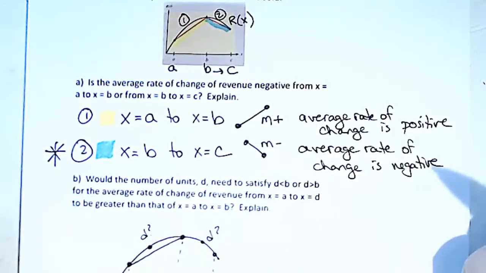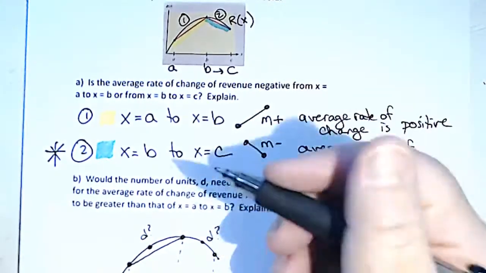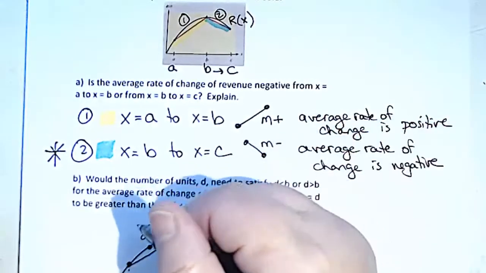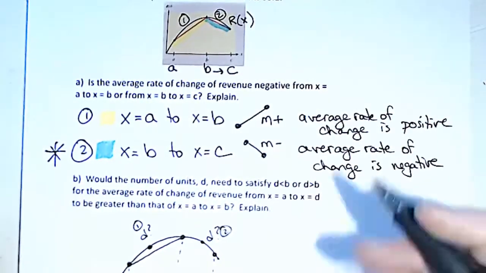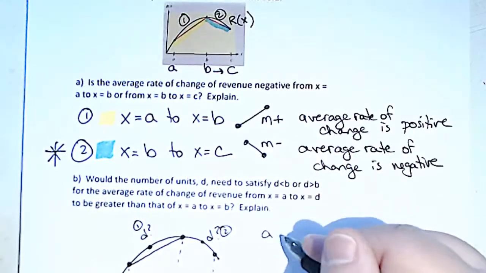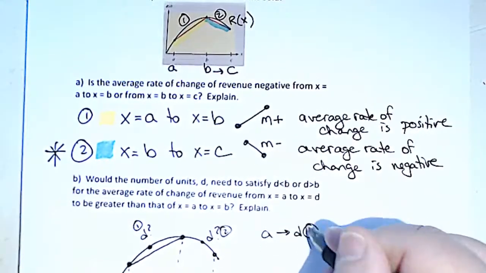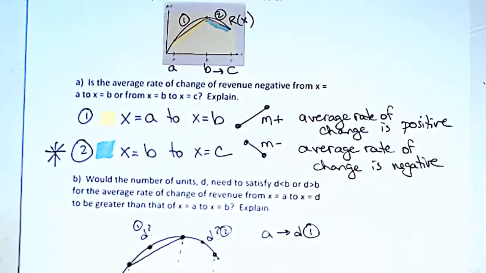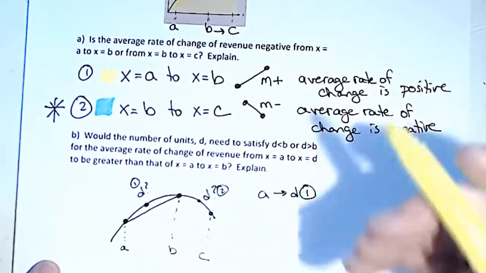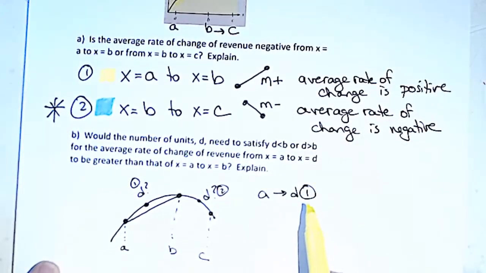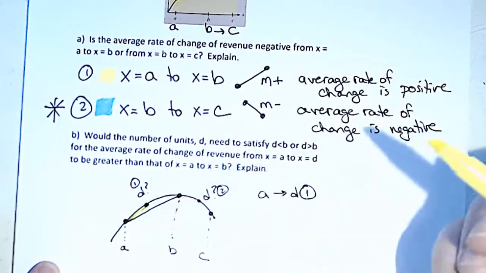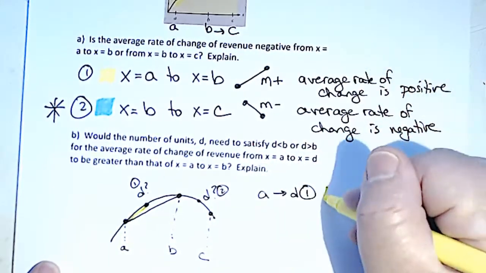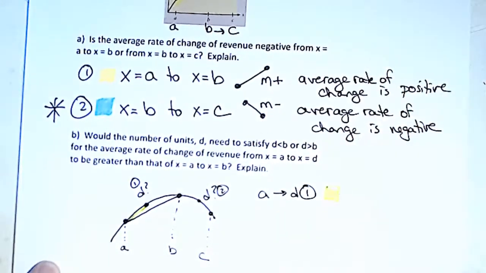Okay. Now, let's call this point number 1. Let's call this point number 2. So from A to D1, I'm going to do in yellow. Let's see if I can do this. You see that? It's not great. Okay.